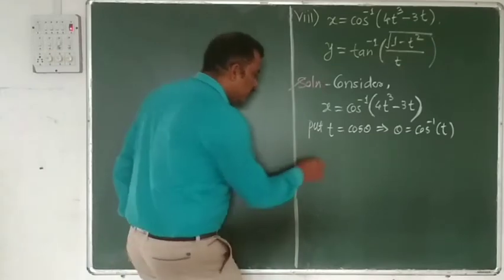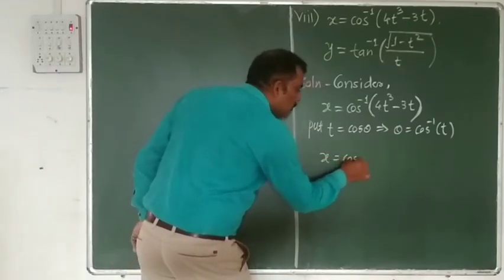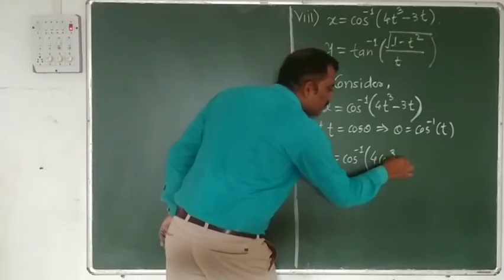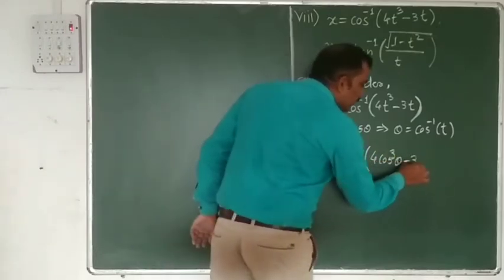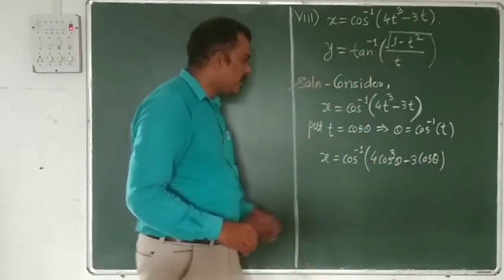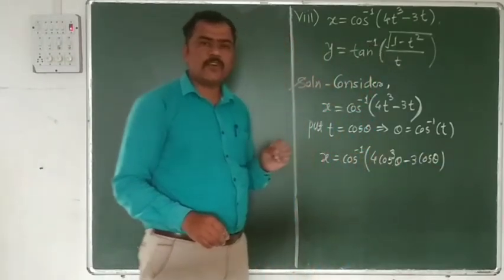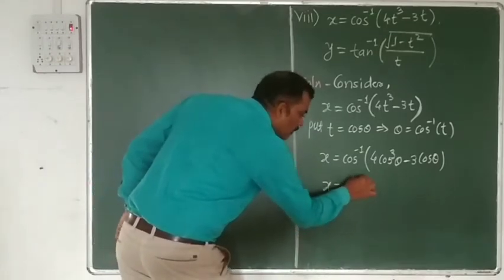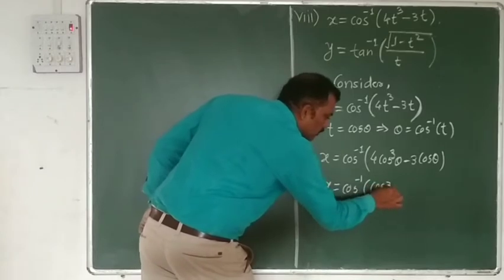So that what we have to get? x is equal to cos inverse of 4 times cos cube theta minus 3 times cos theta. 4 times cos cube theta minus 3 times cos theta is nothing but the formula for cos 3 theta. So that we get x is equal to cos inverse of cos 3 theta.